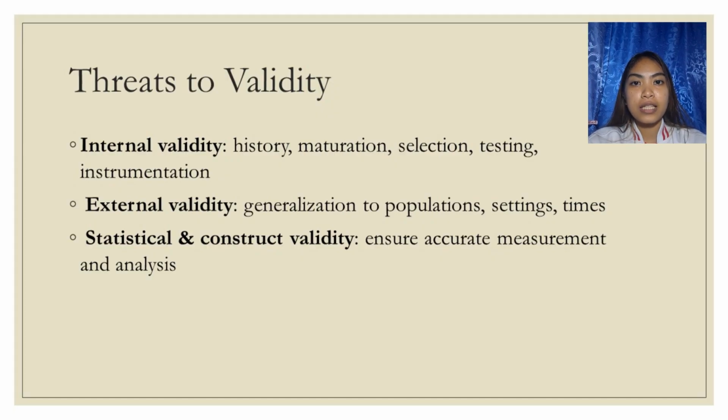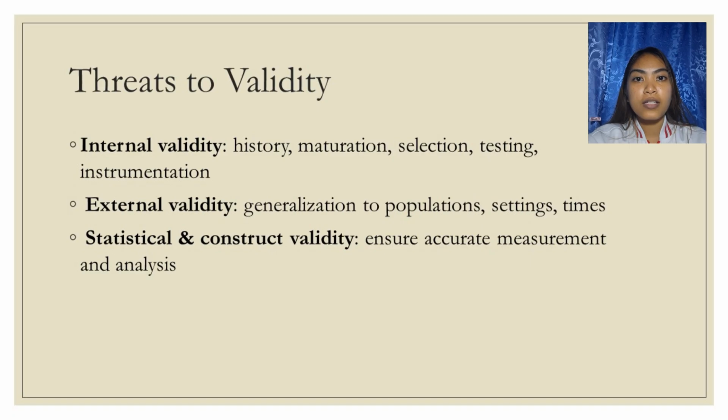External validity threats relate to generalizing results to other people, settings, or times. This includes interactions of selection and treatment, setting and treatment, and history and treatment. Researchers should address this by restricting claims appropriately or replicating the study.